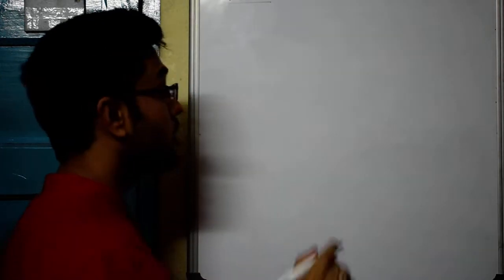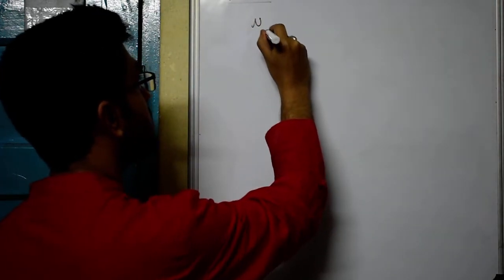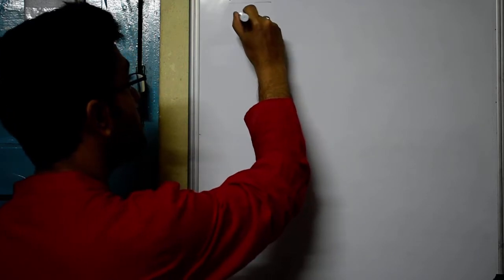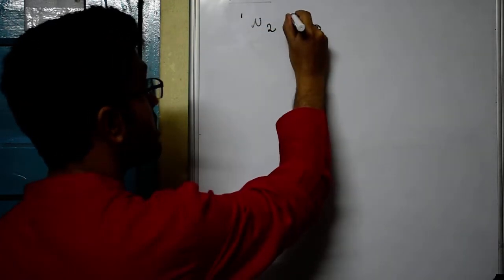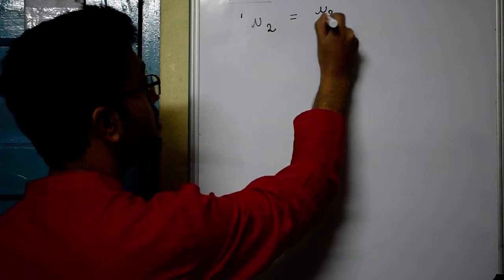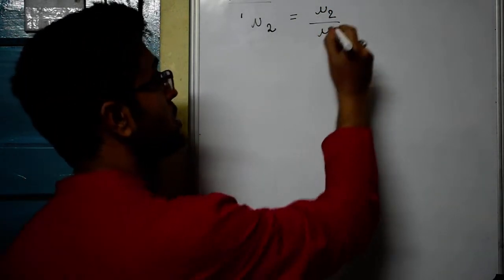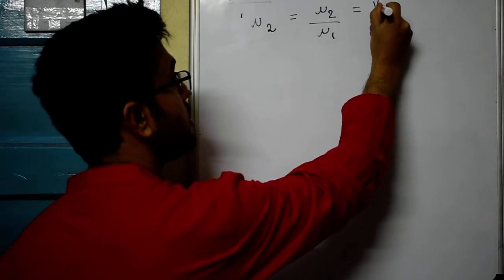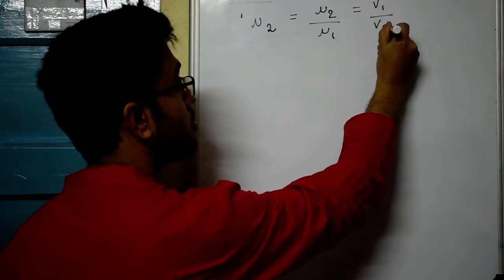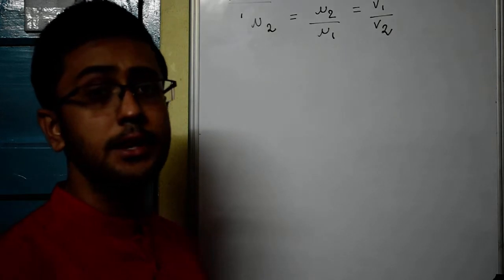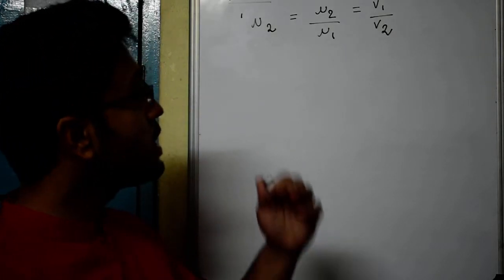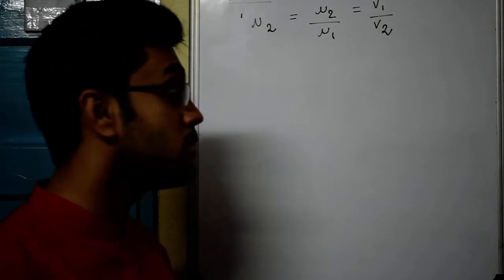We know a formula that the refractive index of any medium 2 with respect to 1 is equal to mu of 2 by mu of 1, and that is equal to v of 1 by v of 2, that is, the velocity of light in the first medium divided by the velocity of light in the second medium.